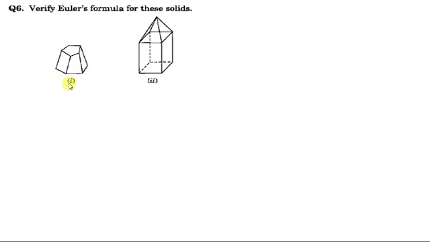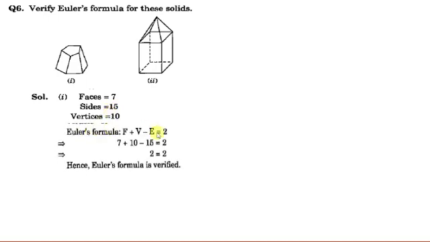So there will be 15 edges here. So F plus V minus E will be 10 plus 7, 17, minus 15, that is 2. And it means this Euler's formula is verified here.